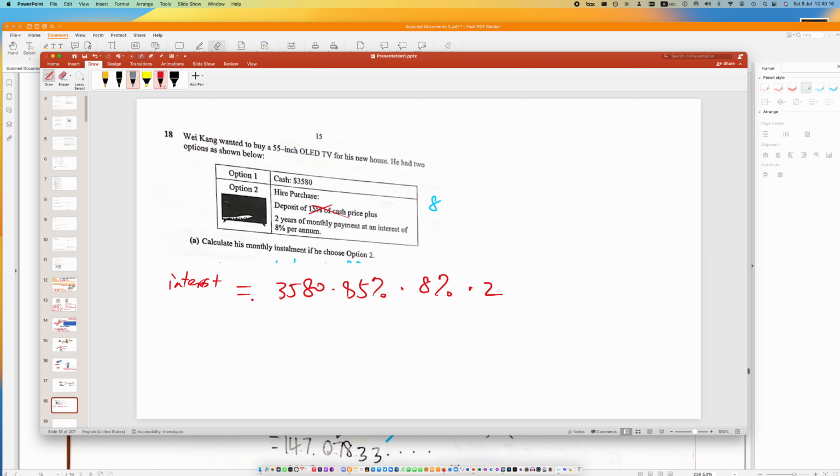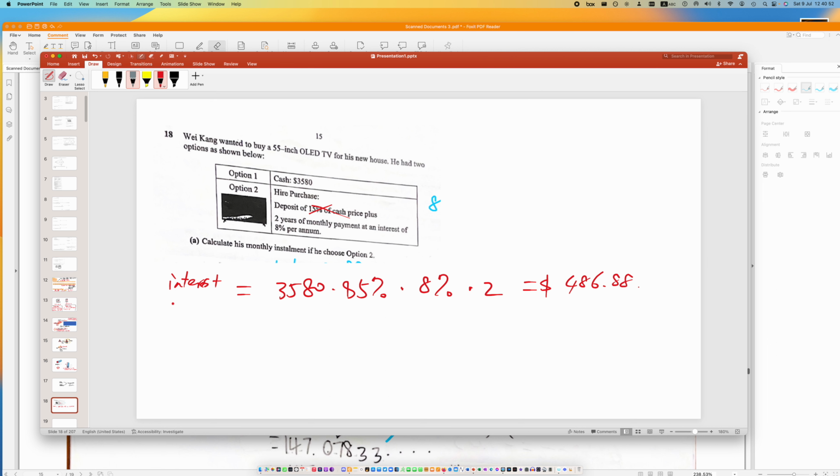Can you use your calculator and quickly get this out? $486.8. 486.8, right? Okay, start again. What's the answer? 486.88. Okay, good. So this is the interest.